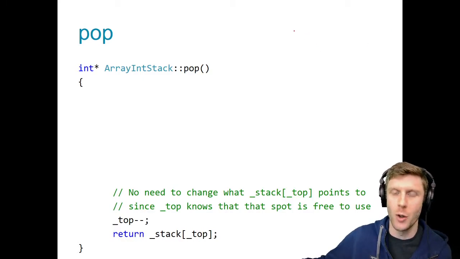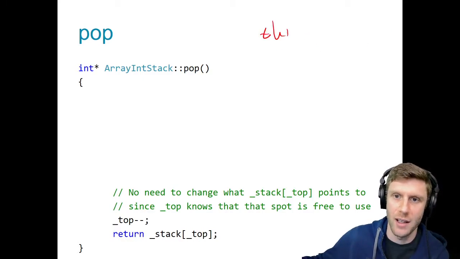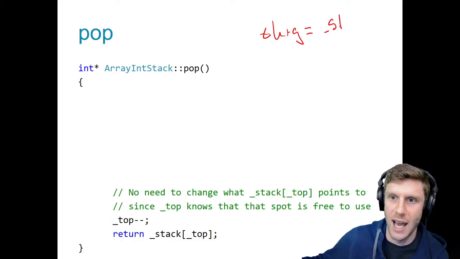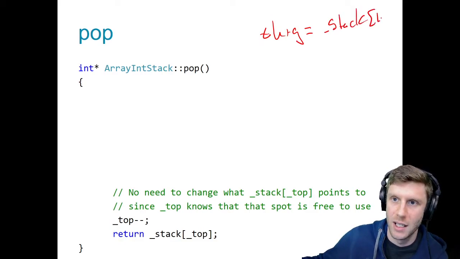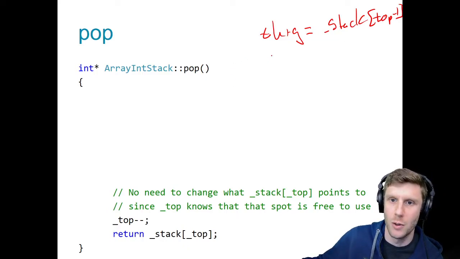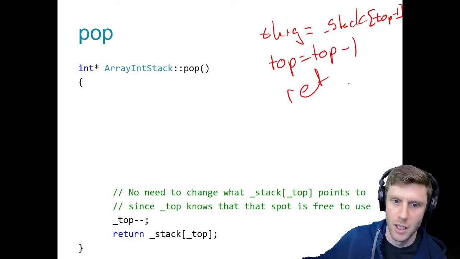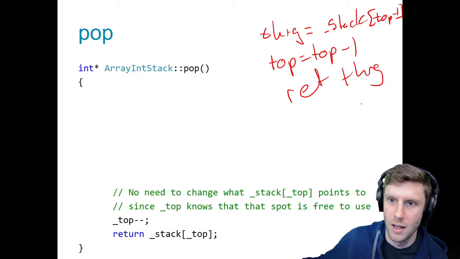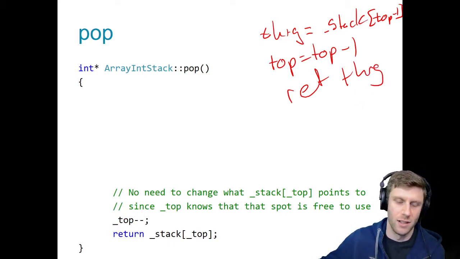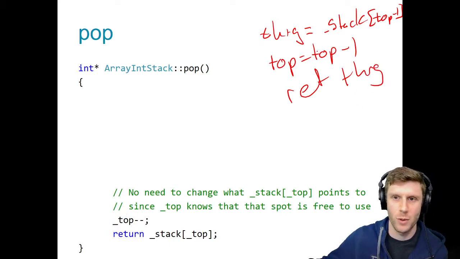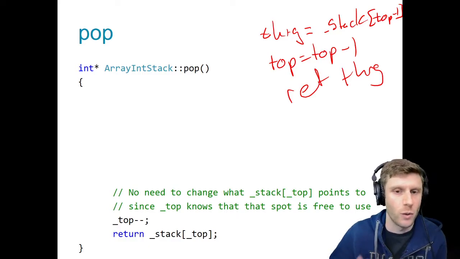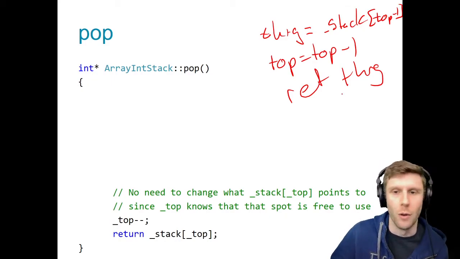I could do something like thing equals stack at top minus 1, then top equals top minus 1, then return thing. But this is a little easier. Just decrease top, because we're going to have to do that anyway. And the decreased top is going to be the thing that we want to remove. So we're good to go.